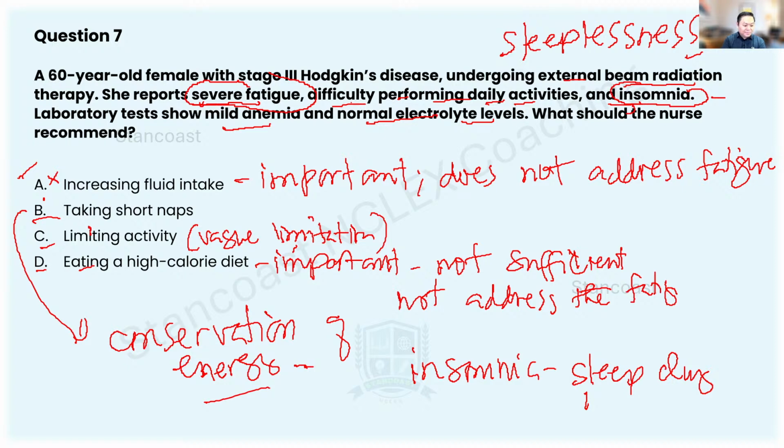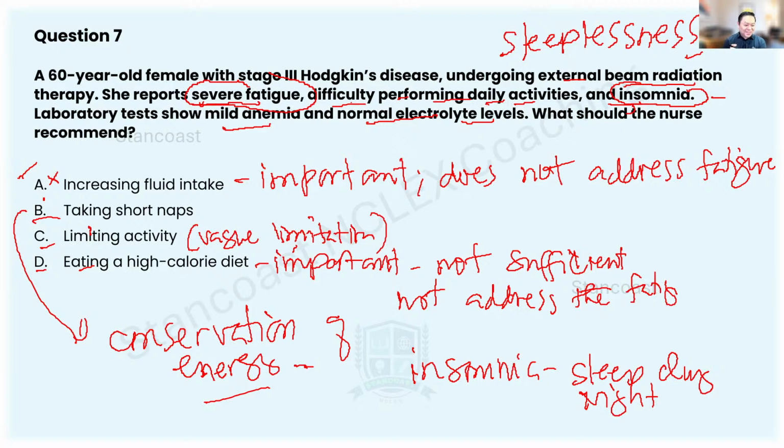Okay? Sleep during the nighttime. People that have insomnia can sleep during the daytime, but they will have difficulty getting their sleep during the night. Taking a nap is sleep. Yeah, it is a form of sleep.